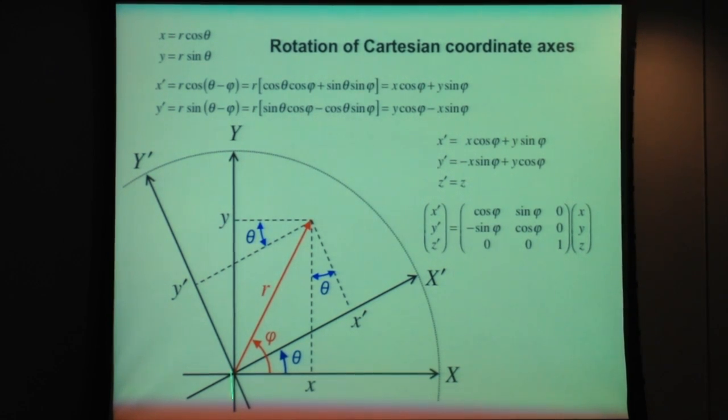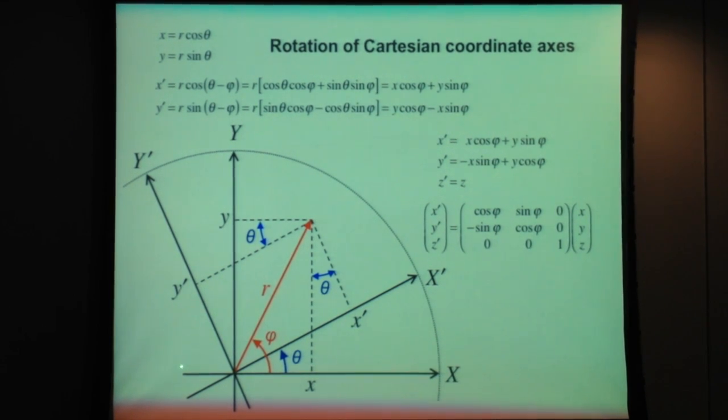For the first orientation of the axes, x and y, we have the x component here is equal to r, the radius, the length of the vector, times cosine theta, y, similarly r times the sine of theta. And now we look at the coordinates in this rotated system.